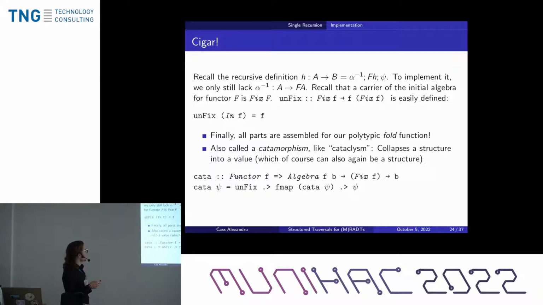This basically just unpacks one level of the fixed point constructor. Via this construction, we go back with the unfix to f of a, then we fmap, as we saw in the original diagram, and then we take the algebra down in our target. That way we've defined the morphism from the initial algebra to every other algebra.